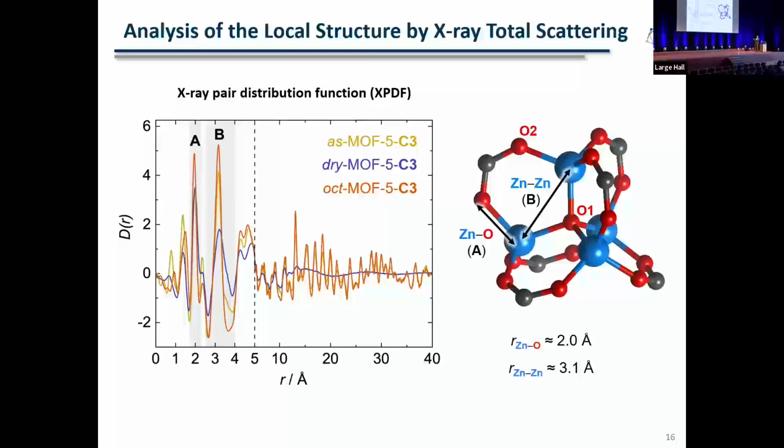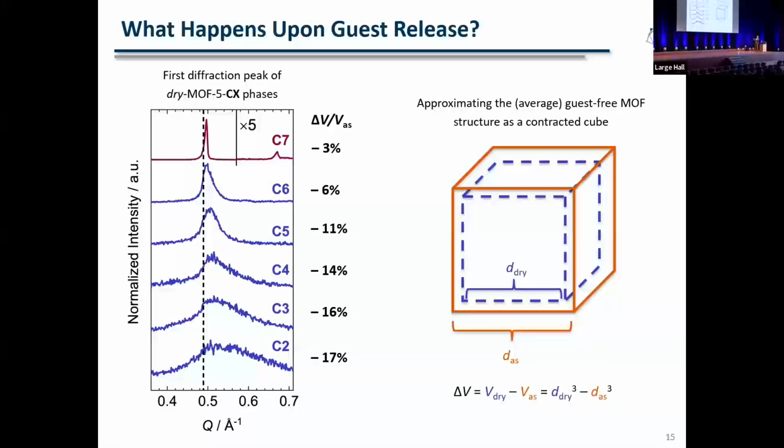And this goes up to 17% volume reduction for the C2 material with very small side chains. This contraction we calculate from the diffraction data is consistent with pore volumes measured with carbon dioxide adsorption, which tell us basically the same thing, that this material is contracted by about 17 to 18%.